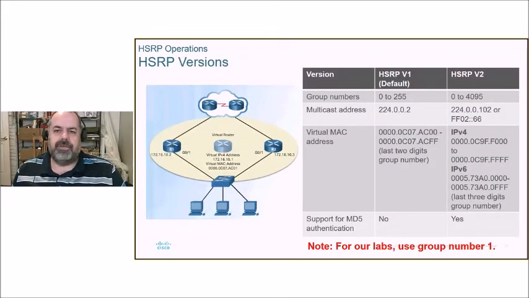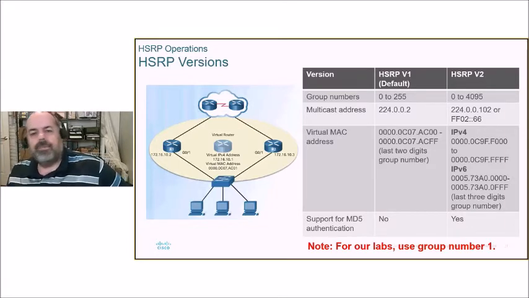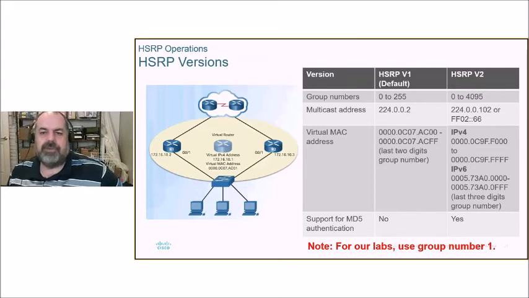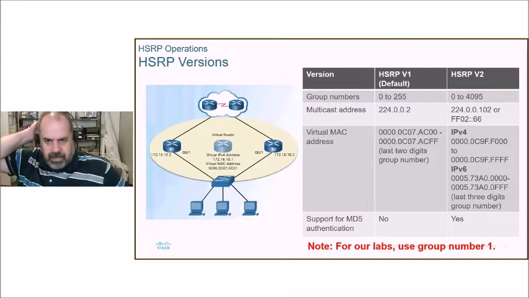And so basically, HSRP version 1 compared to version 2. There's a lot more options for group numbers with version 2. It uses a different multicast address. And of course, it also supports IPv6. The virtual MAC address is pretty much the same for all of them.